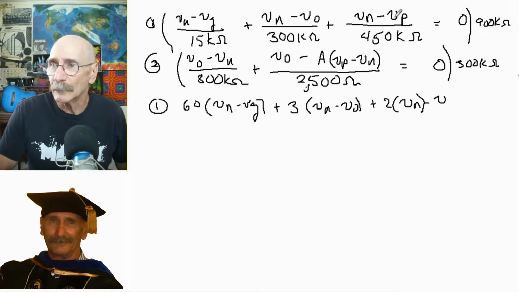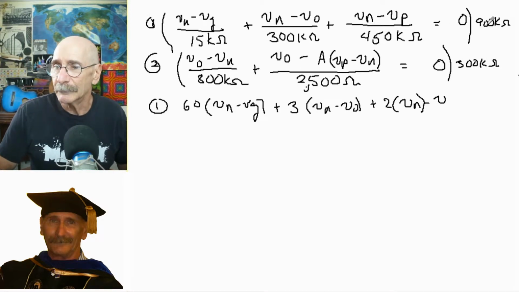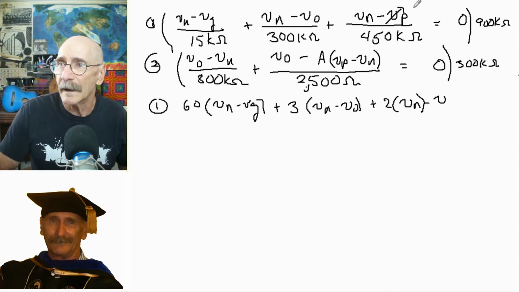Vp was ground, so that's equal to 0, and Vp drops out of this equation in two places.